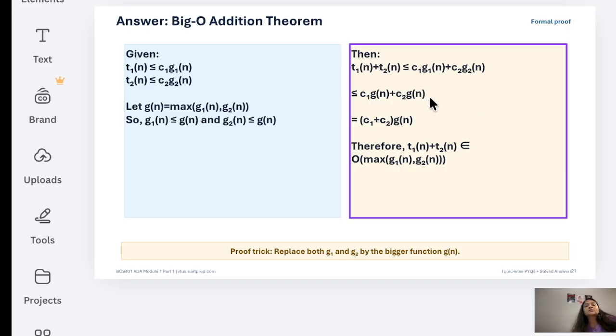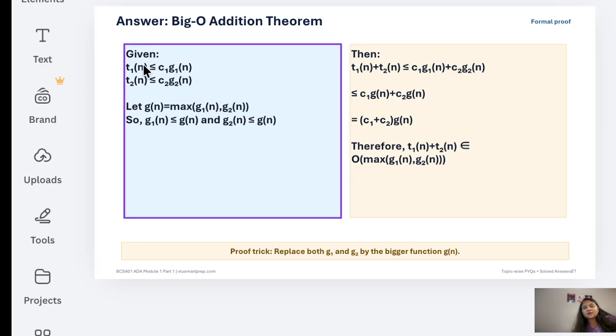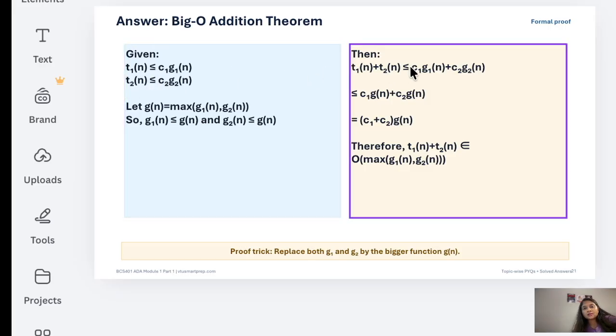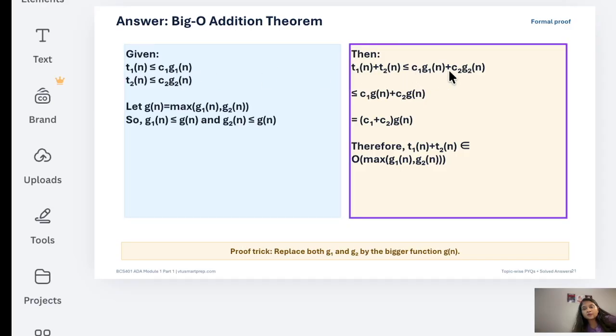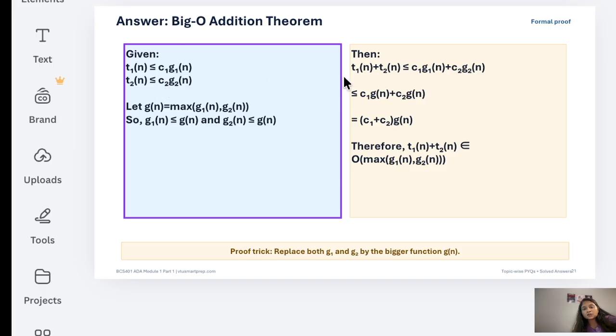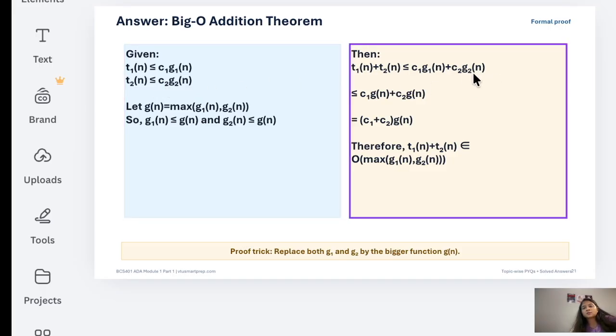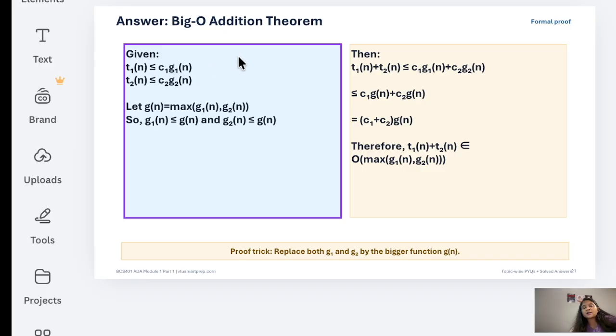So here you can see t1 of n plus t2 of n I have written as less than or equal to c1 of g1 of n plus c2 of g2 of n. So I have combined this t1 and t2.